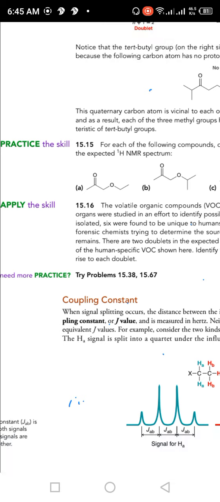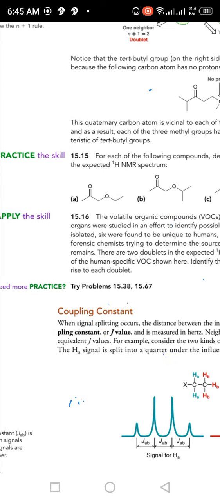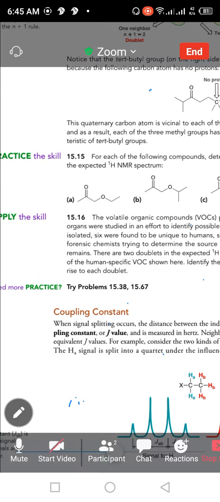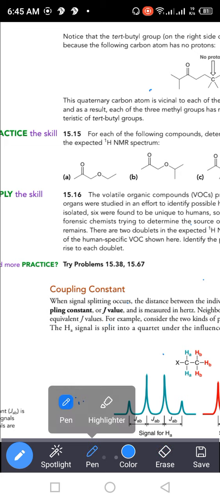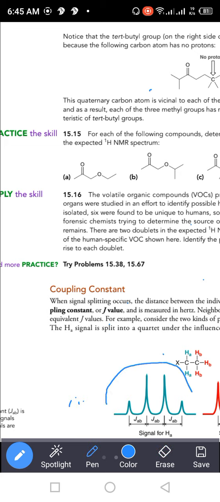Coupling constant. What is the coupling constant? Coupling constant means these are the peaks. Now measure the distance between peaks.